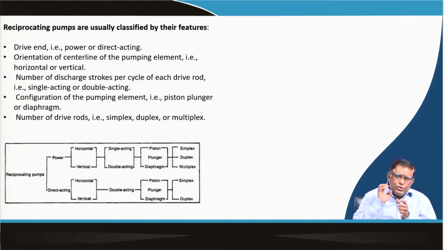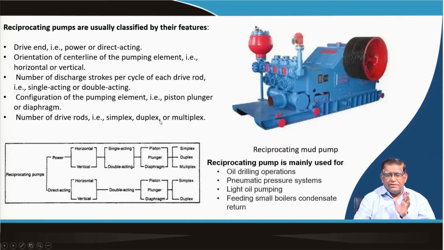Single acting means that in every stroke it does only one sucking and one discharging, while double acting means you are continuously flowing the water out. Then there is the type of rod giving the reciprocating movement, whether it is a piston, plunger or diaphragm, and depending on that, whether we have simplex, duplex or multiplex pumps. Similarly, there is the drive end side, whether power is given directly or not, then orientation, number of discharge strokes, configuration of the pumping element and number of drive rods. Depending on these, the classifications are made.